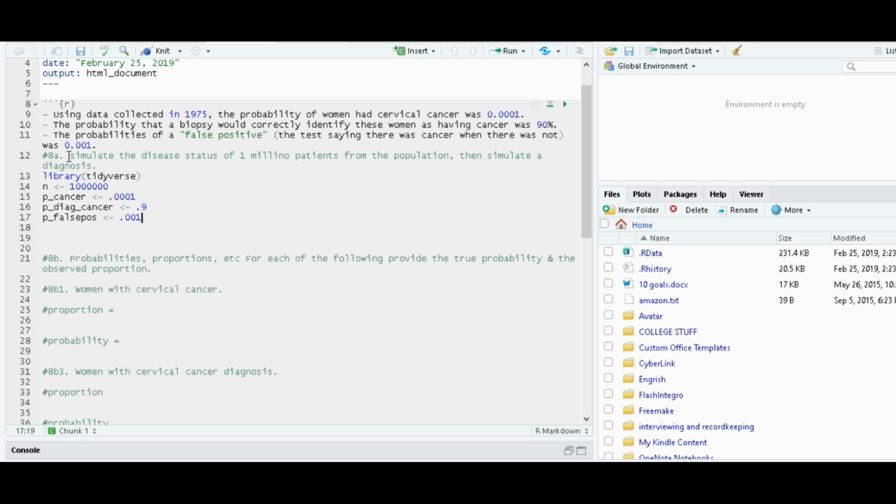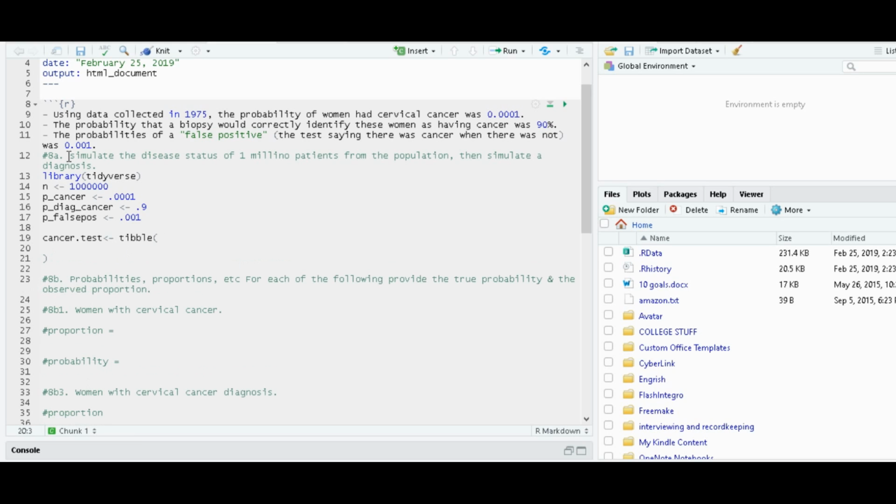All right. So, our cancer test, we want to make a data frame or a table, which will be helpful later. So from that table, we are going to create our first variable, which is cancer, spelled correctly. So cancer will be equal to a sample.